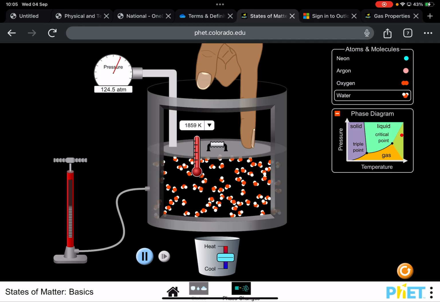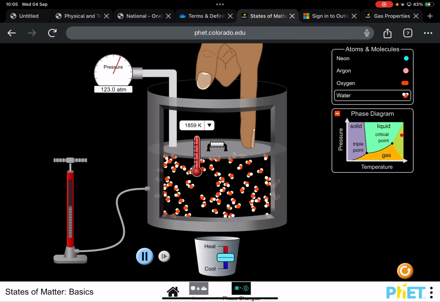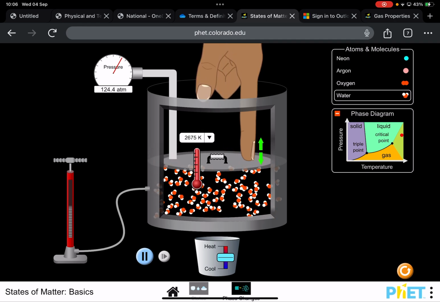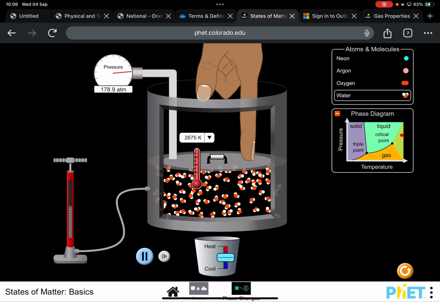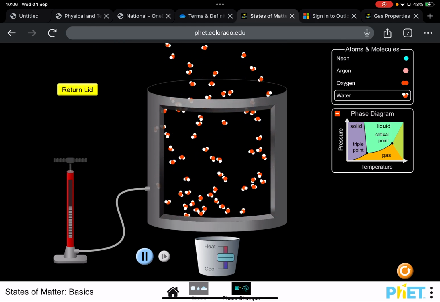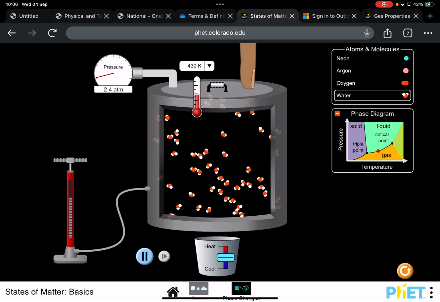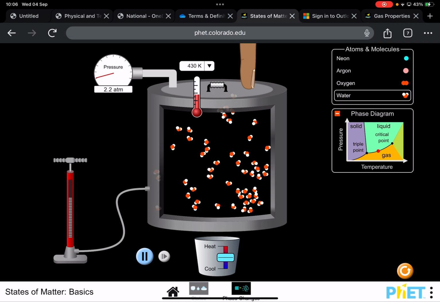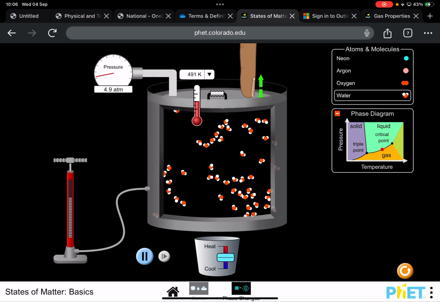I'm just waiting for the particles to cool down a little bit. I hope it's not going to explode now. Can it explode? Say again? Can it? It can. Ooh, there it goes. Return lid. Okay. What I want to show, okay, there you can see they are gas, all gas again, moving, moving, moving.